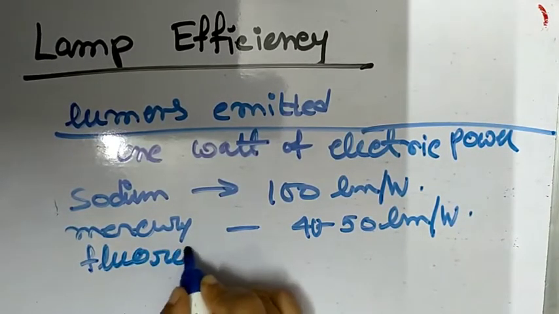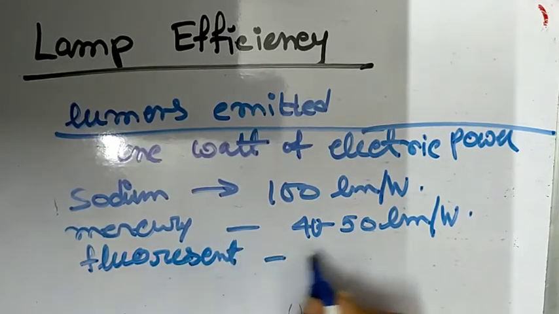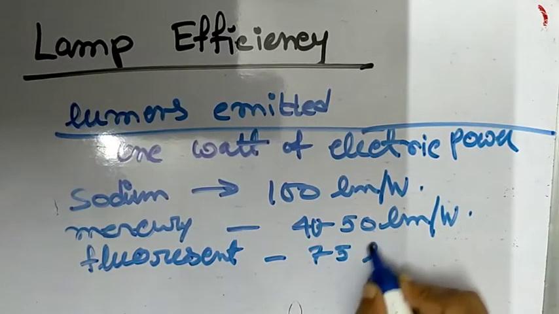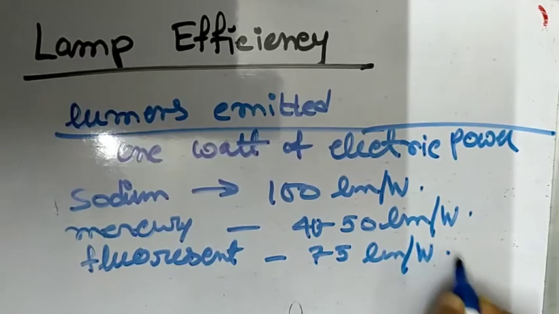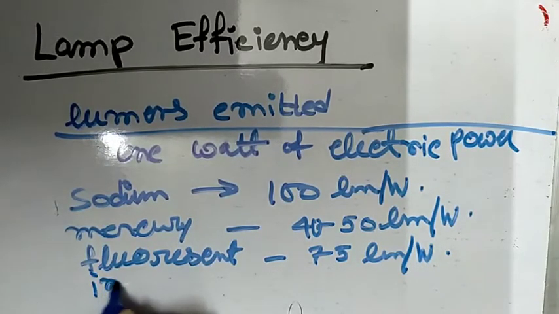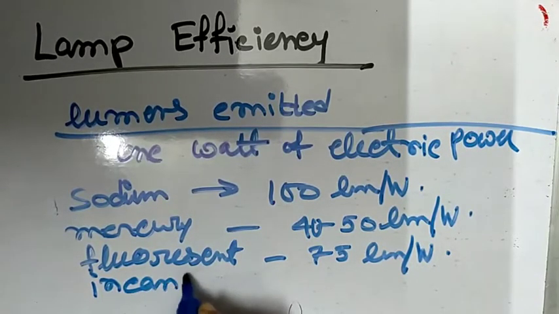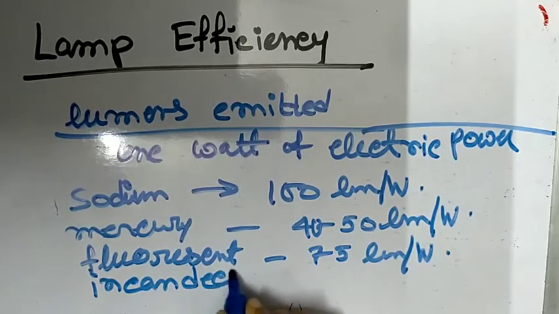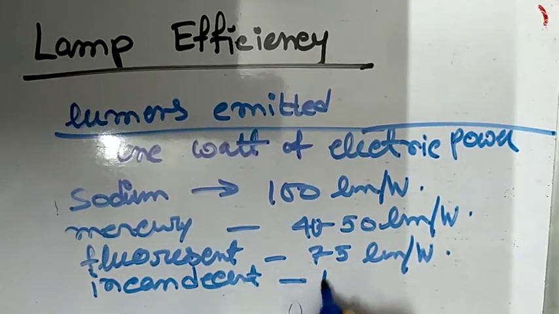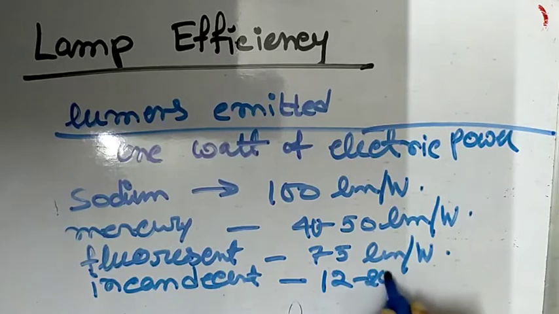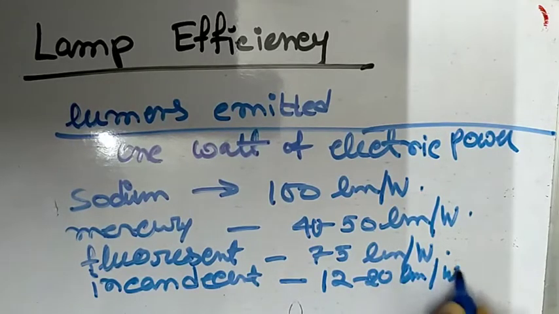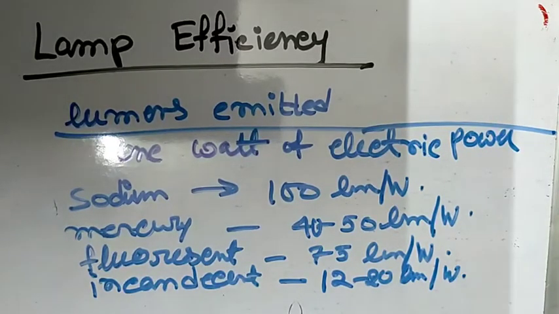Fluorescent lamp produces 75 lumen per watt, and incandescent lamp produces 12 to 20 lumen per watt. So these are the lamp efficiencies.